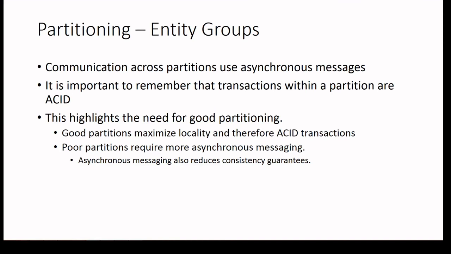Good partitions increase locality, which allows you to use ACID transactions more often than not. Whereas poor partitions decrease locality, meaning that you have to send messages across replicas, which means that you have to use this asynchronous messaging. Not only is that slower, it also means that you're using NoSQL, which gives you reduced consistency guarantees. It's everything that you don't want in a Megastore storage.